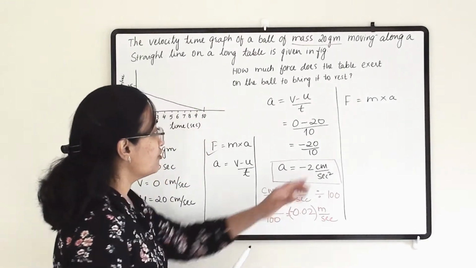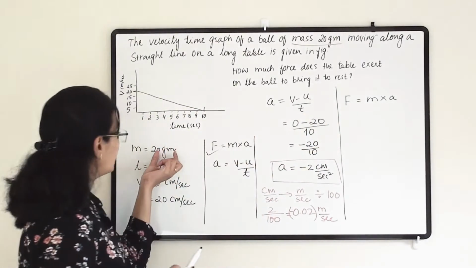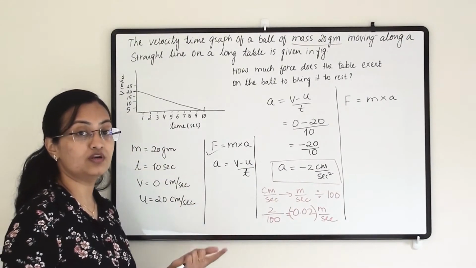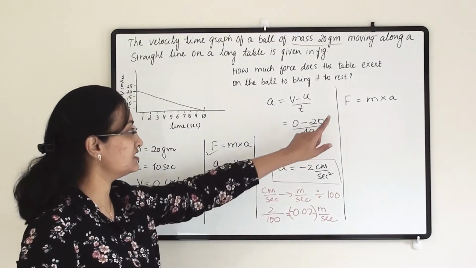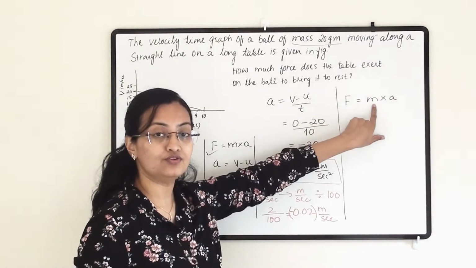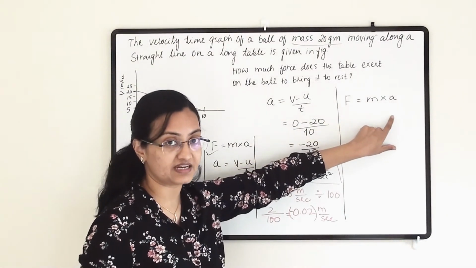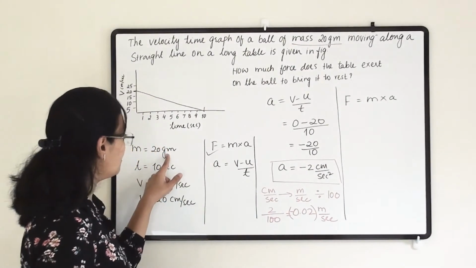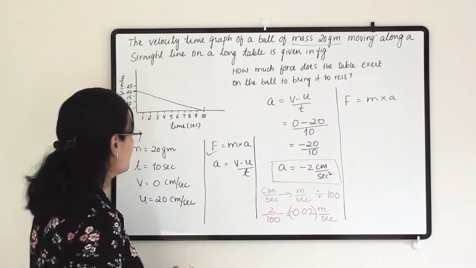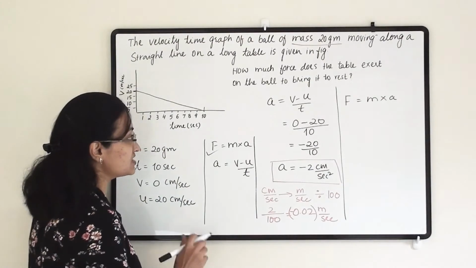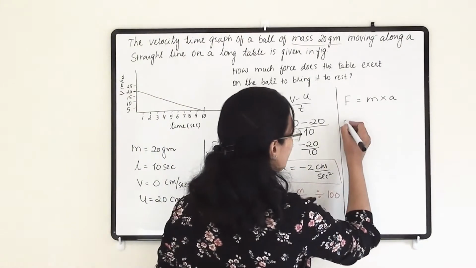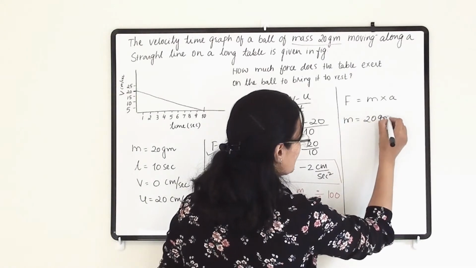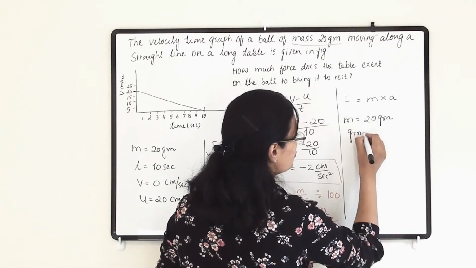Now, m is in gram, so we also have to convert it into kg, because in this formula we require kg and meter per second square. One unit we have converted; now gram to kg.